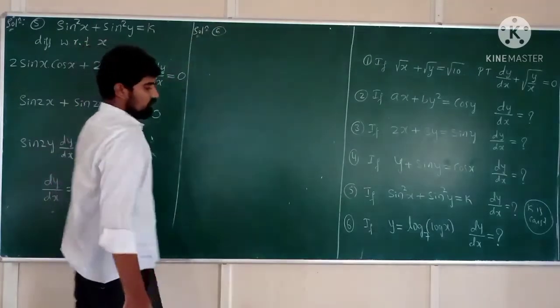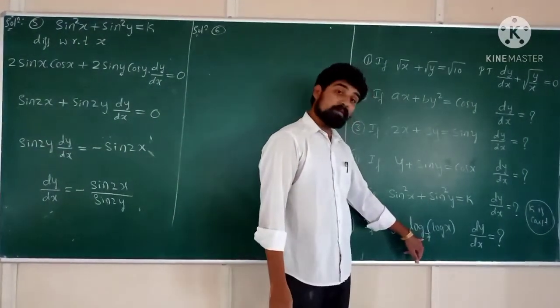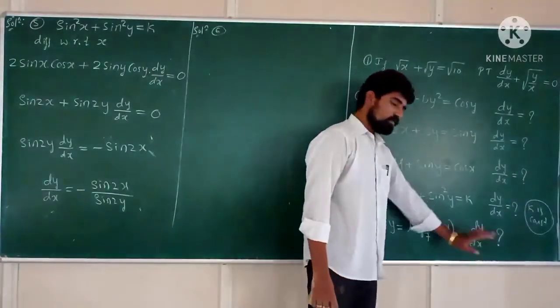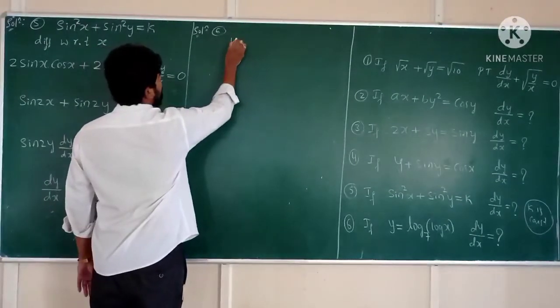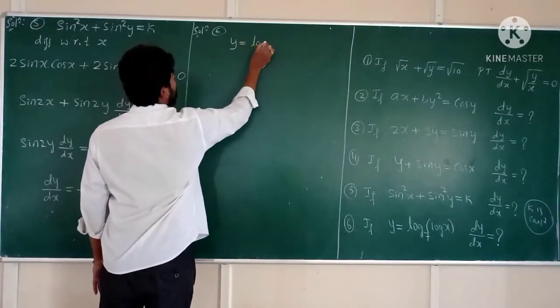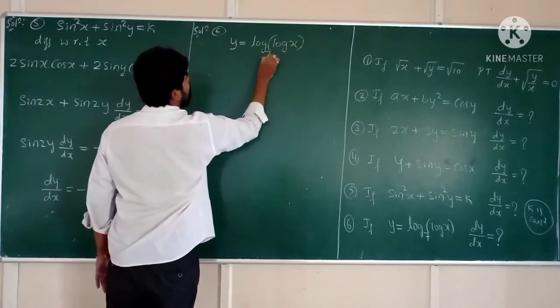Here the sixth question is, if y is equals to log of log x to the base 7, then we need to find the value of dy by dx. So given y is equals to log of log x to the base 7.